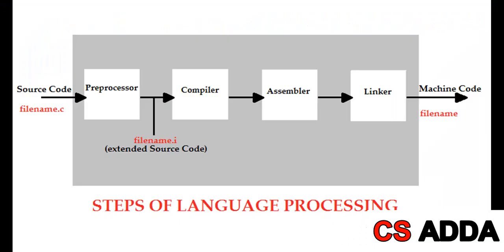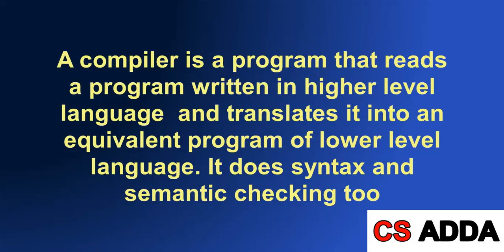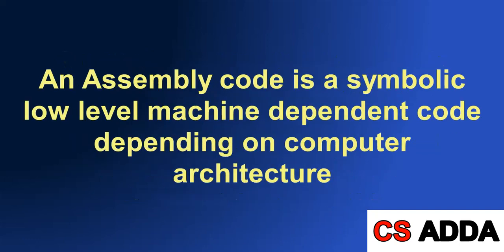So we just saw that the preprocessor produces an extended source code which is then passed to the compiler. Now what is a compiler? A compiler is a program that converts a higher level language to a lower level language, which in this case is the C language to assembly language. Now what is an assembly language? It is a symbolic code which changes from one machine to another depending on the computer architecture.